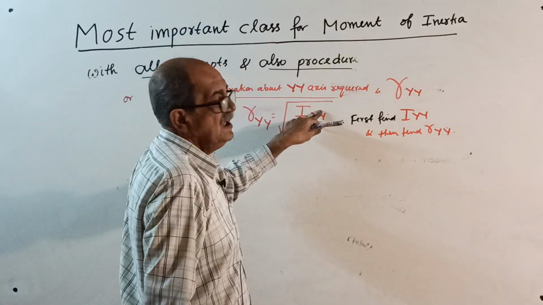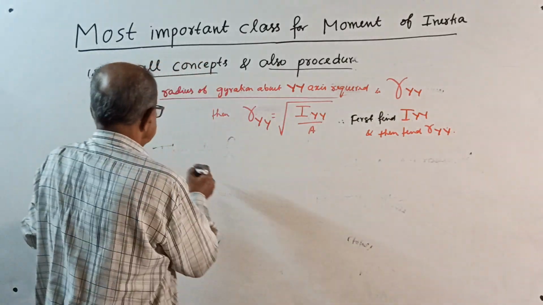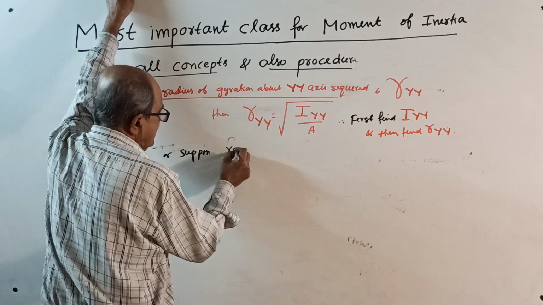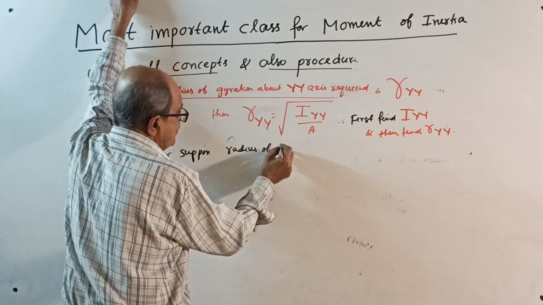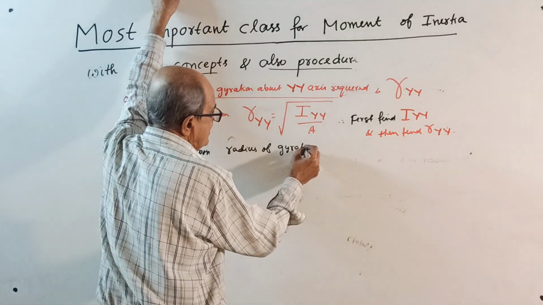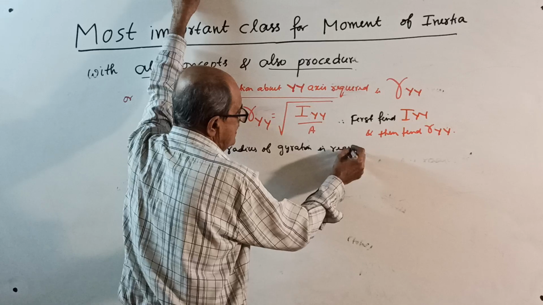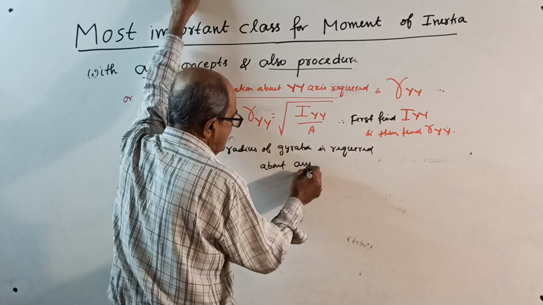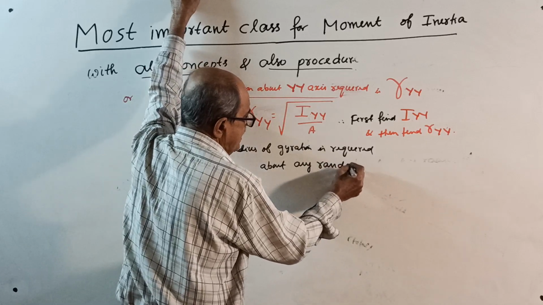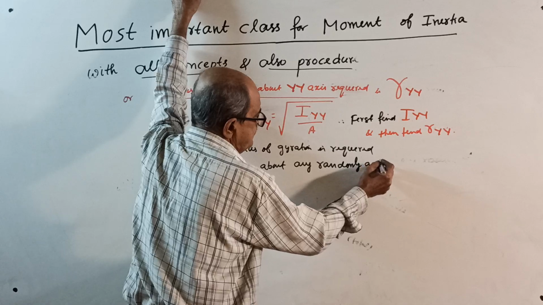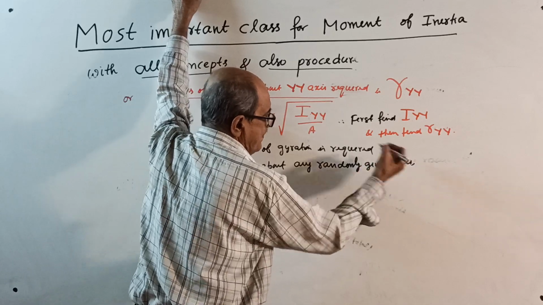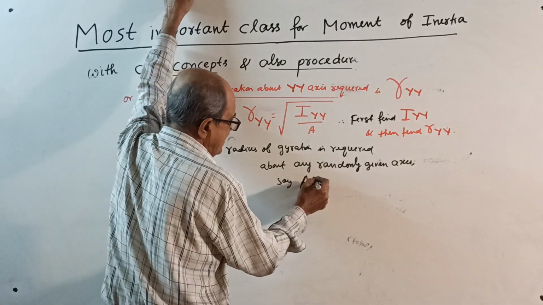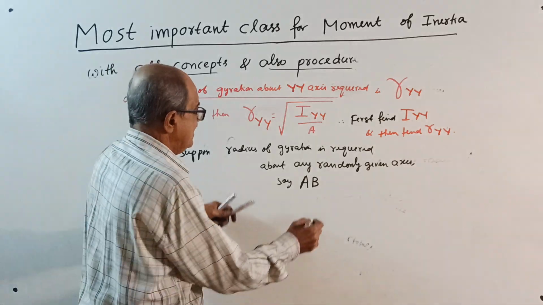Or suppose radius of gyration is required about any randomly given axis, say I give AB.